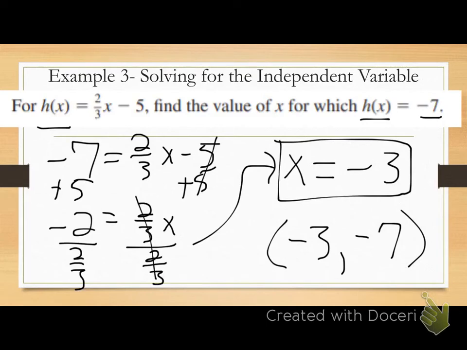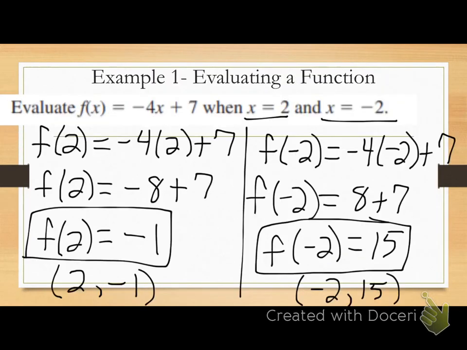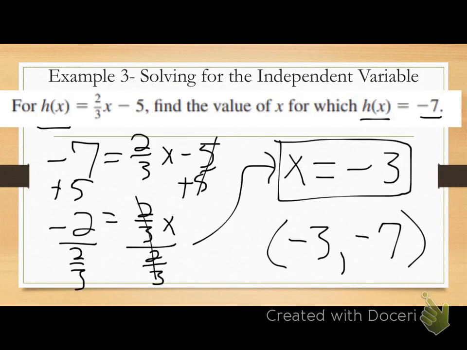Everyone got that? So this problem is very similar to our first example. Pay attention to what information they give you, though. Here, on example 1, they gave us x values to plug in, and we were asked to find the y value or the f of x value, right? Here, we were given the h of x value, the y value, and we were asked to find the x value.